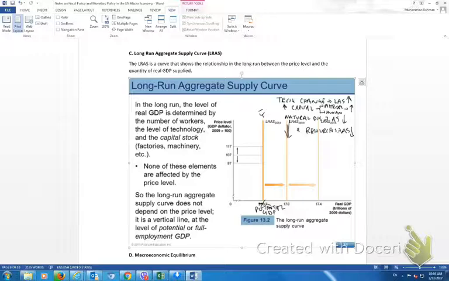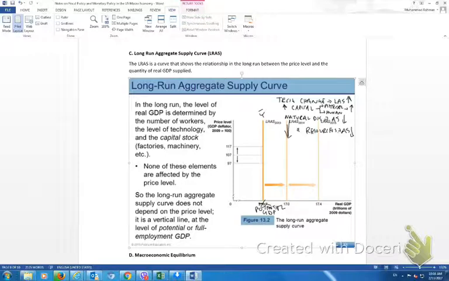The economists argue that in the long run, how much GDP the economy can produce depends on the productive elements of the economy. How much labor it has, how much capital it has, how much human capital it has, how much natural resources it has.